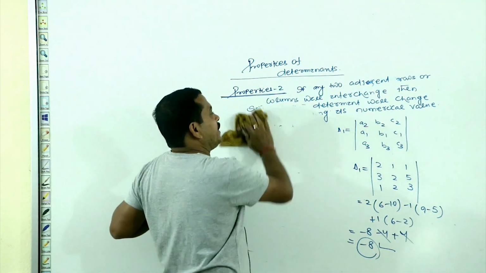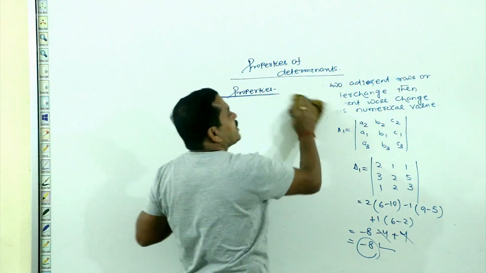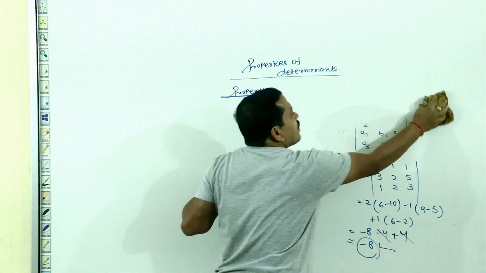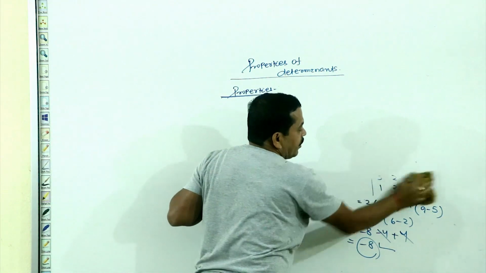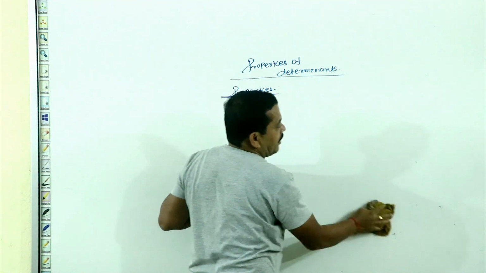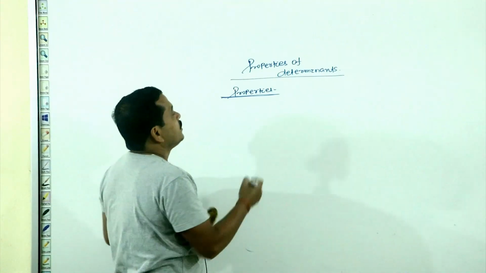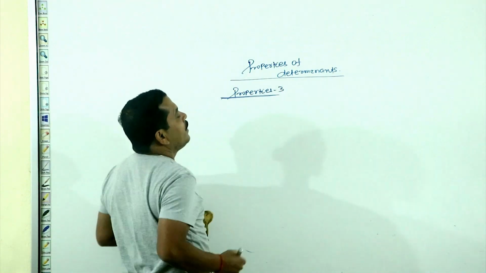Next, property 3. Today we will discuss 3 properties, and next class we will discuss other properties and also examples of how we can solve the problems without expanding by using the properties. That is property 3.